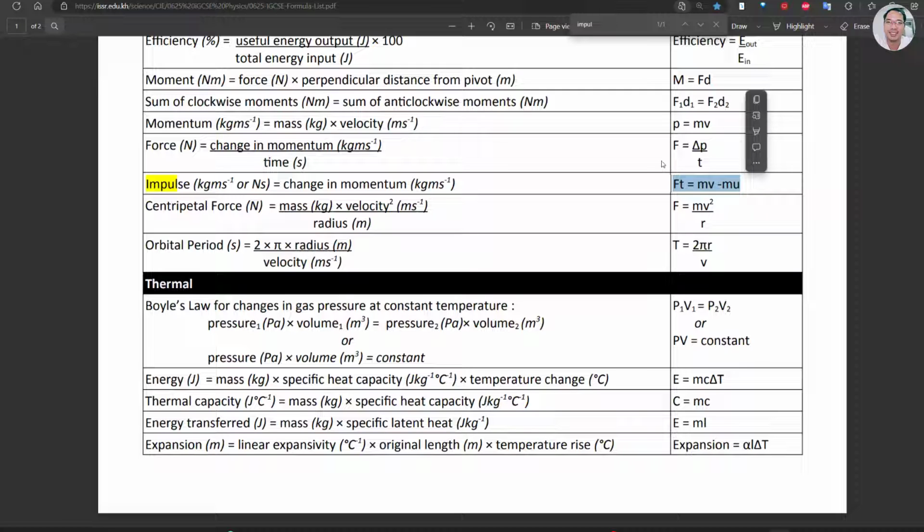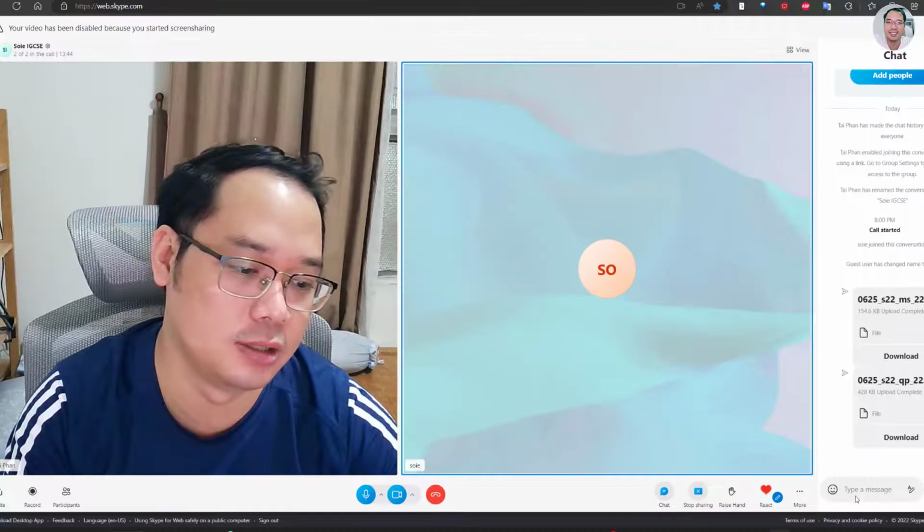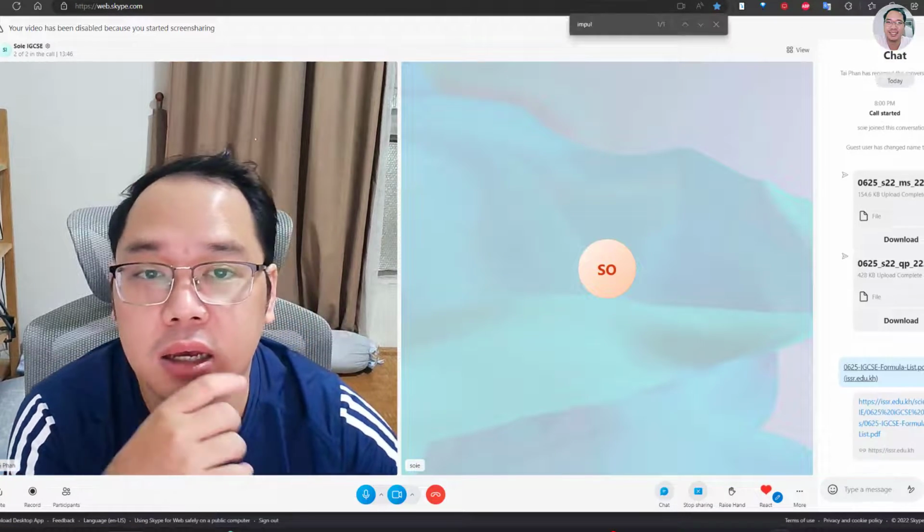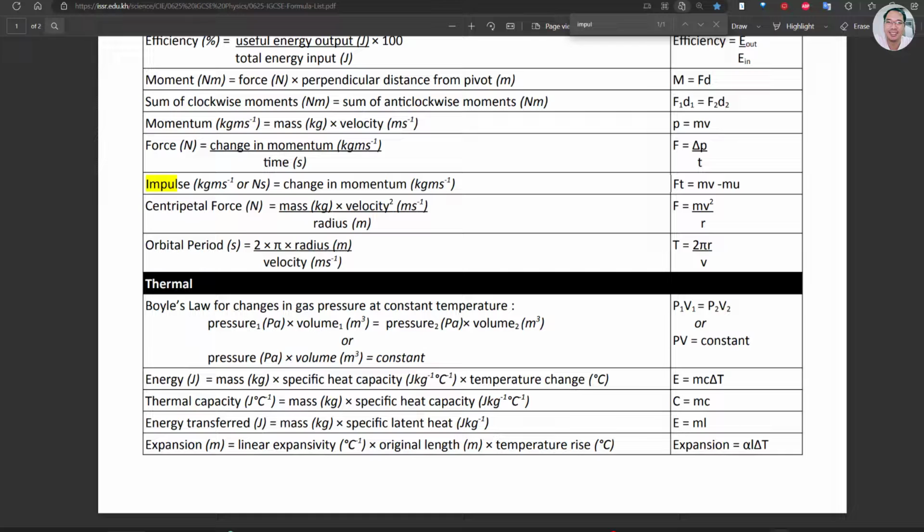Oh, yes. So impulse is equal to the change in momentum. Have you got this formula list? It is in case you need it. Thank you.